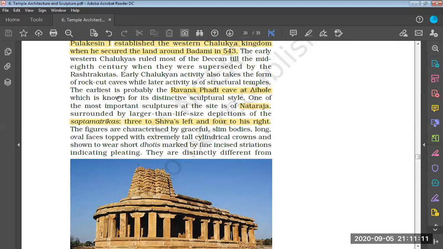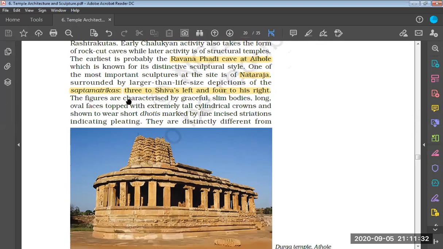The earliest is probably of Ravanaphadi, that is a rock-cut cave. The Ravanaphadi cave at Aihole is known for its distinctive sculpture style. One of the most important sculptures at the site is Nataraja, surrounded by larger than life-size depictions of the Saptamatrikas, that is two to Shiva's left and four to Shiva's right.